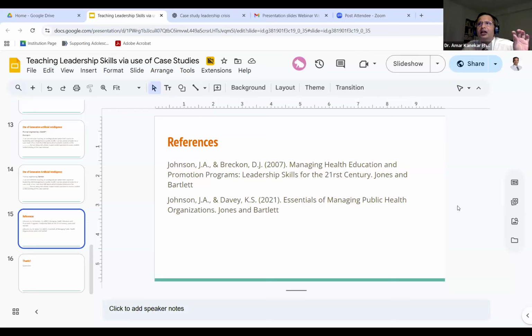If you have it as a free resource, you can use it. Sometimes you can use AI as a paid resource as well, which can do a lot of additional things for you. So those are some of the resources which you can use.